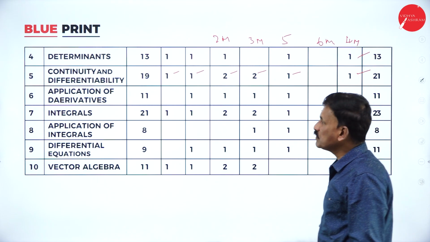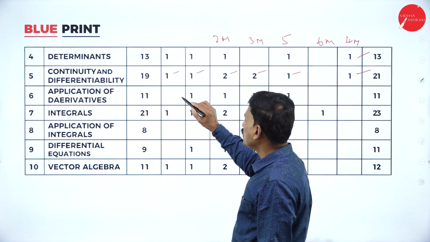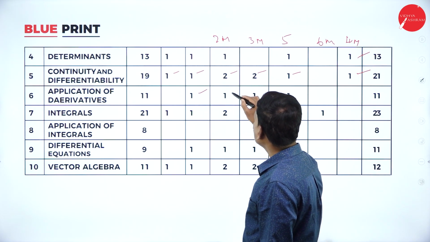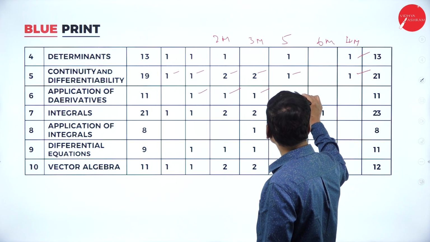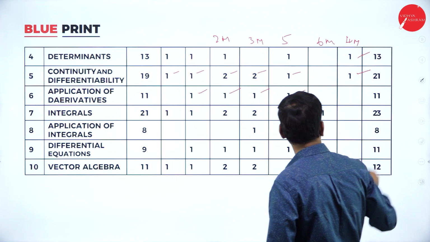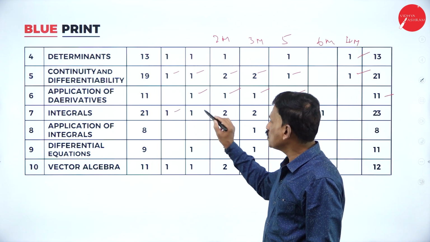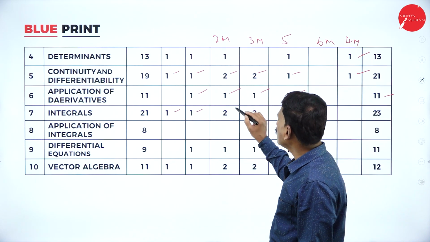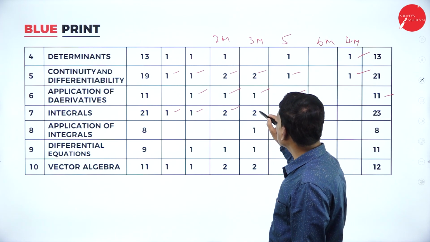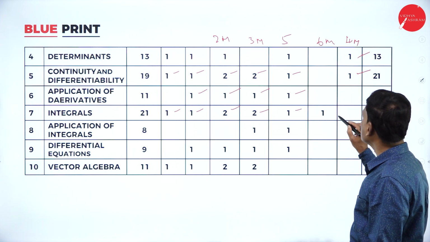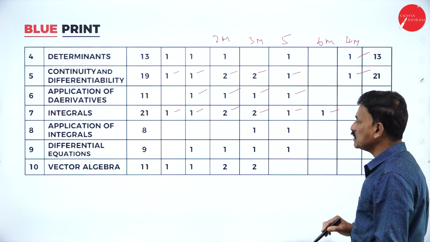Whereas in application of derivatives you will have no MCQ, only 1 mark question, 2 marks 1 question, 3 marks 1 question and 5 marks 1 question, totally 11 marks. Whereas in integrals you will have one MCQ, one 1 mark question and then 2 marks 2 questions, 3 marks 2 questions, one 5 marks question, one 6 marks question, that is properties of integrals.